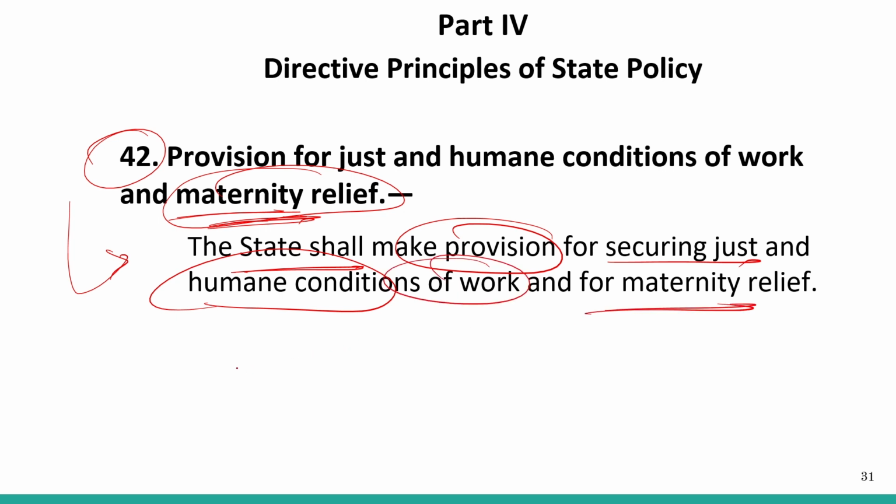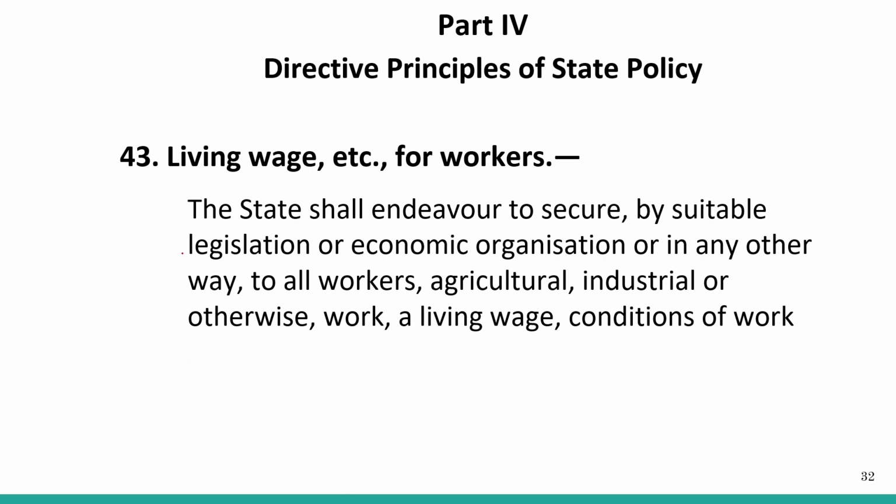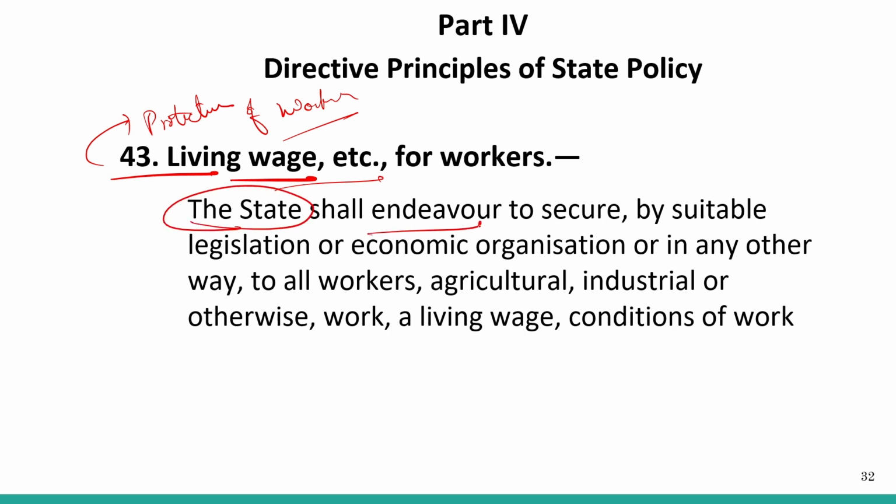Now, living wages, etc. for workers. It is basically talking about protection of workers. For the protection of workers, we have incorporated Article 43 of the Constitution, which says that the state shall endeavor to secure, by suitable legislation, what does it mean?